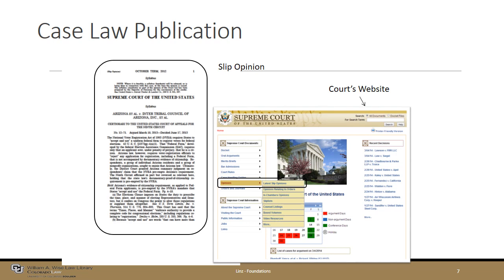Such a thing might look like this. Here is a slip opinion from the United States Supreme Court on the left, and then it gets posted to the court's website. You see a screenshot of that on the right. And also you see that you could go to the court's website and you could download that opinion, or search for that opinion somehow through their court website.